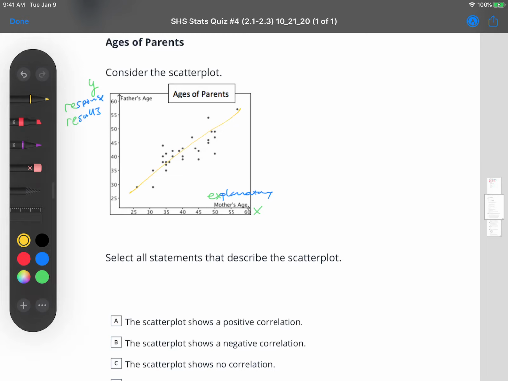And it looks like I have here a positive, and it looks to be a strong correlation. Strong to moderate.